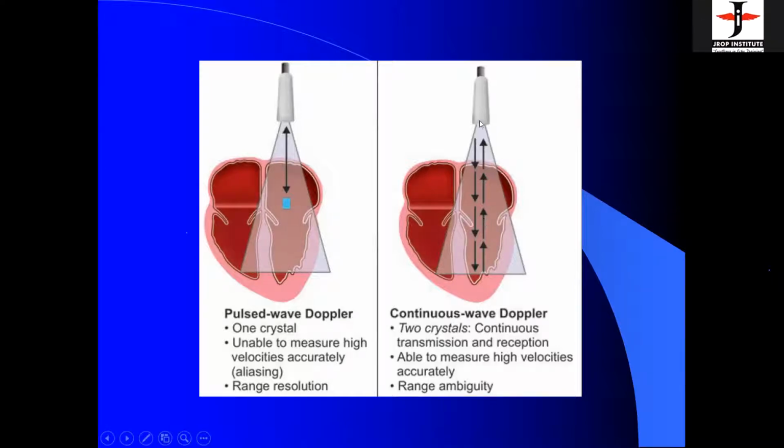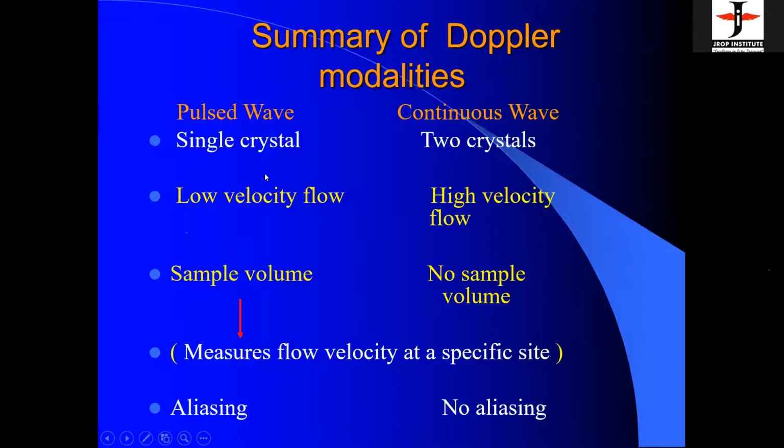Now, in a CW Doppler, there is no sample volume. So it is a continuous transmission. It measures a high velocity flow. If somebody asks you what is the difference between a pulse and a CW Doppler, then say one thing: the pulse Doppler records low velocity flows, and the CW records all high velocity flows.